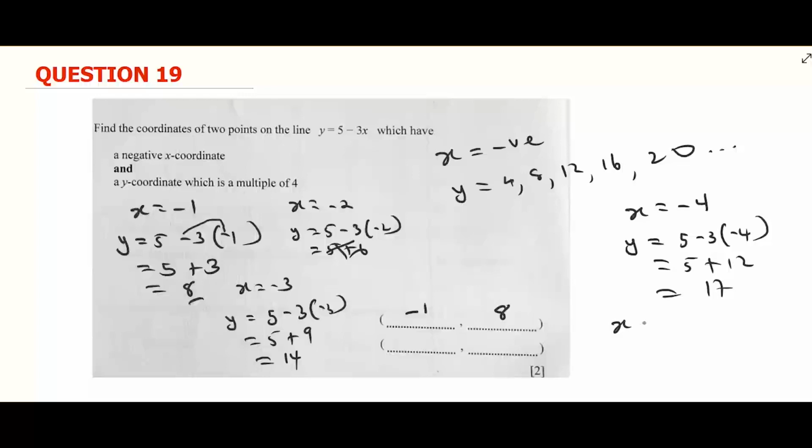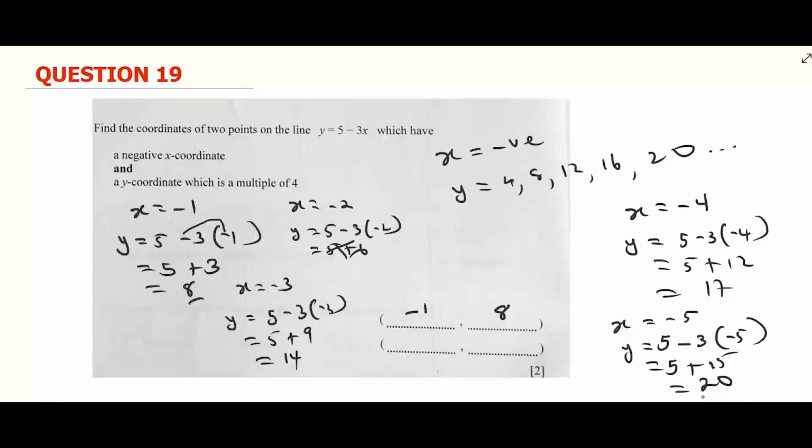Let's use when x equals negative 5. So we are going to have y equals 5 minus 3 into negative 5. So this will give us 5 plus 15, and that will give us 20.